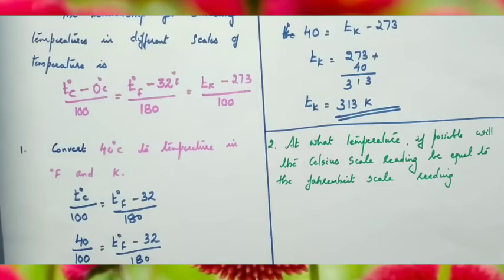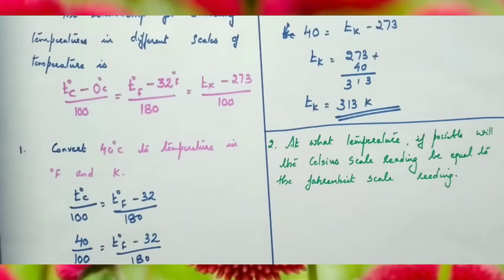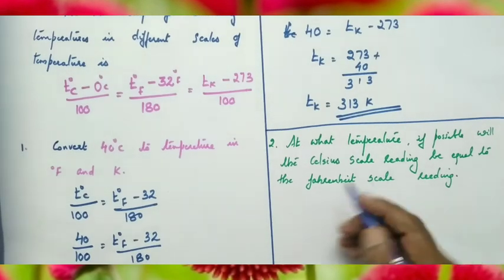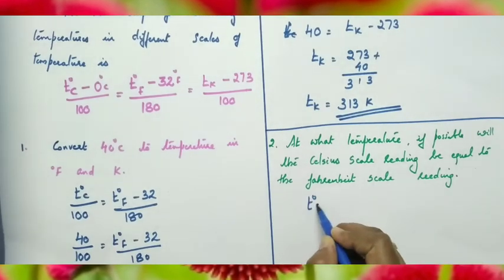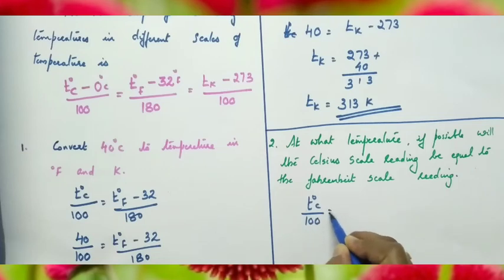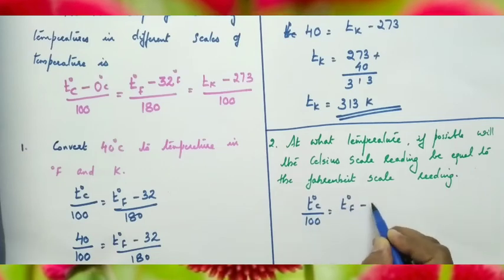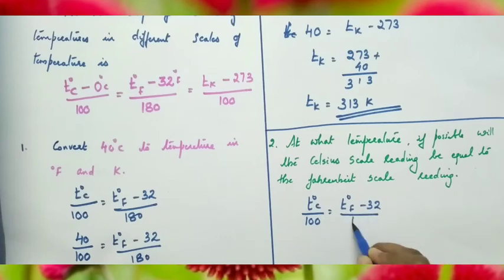Question. At what temperature, if possible, will the Celsius scale reading be equal to the Fahrenheit scale reading? Temperature in degree Celsius equal to temperature in Fahrenheit. So we have the general relation: T degree Celsius divided by 100 equal to T degree Fahrenheit minus 32 divided by 180.